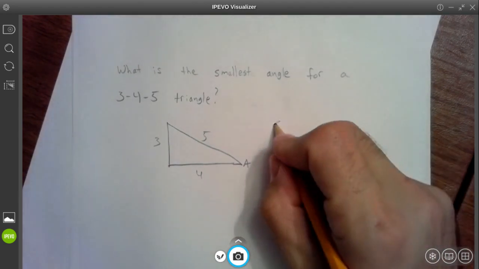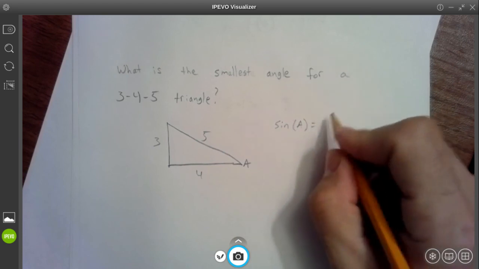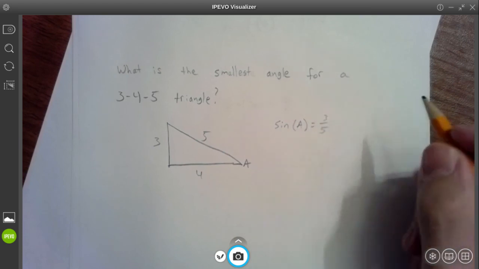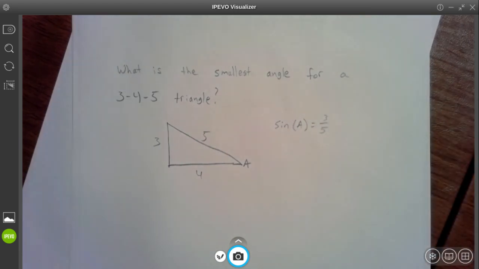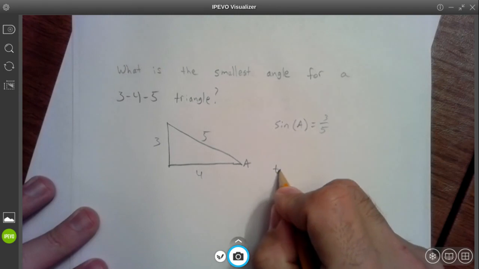Now, I could do sine of A is equal to 3/5 again, and I could use the inverse sine to solve for A. Or I could use tangent. And that's what I'm going to use here.